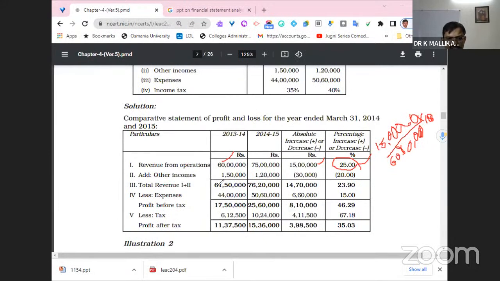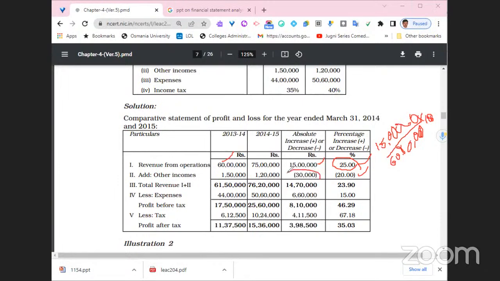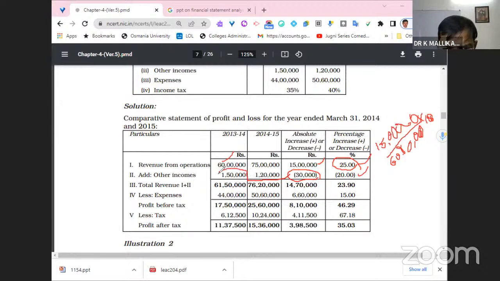What about the next item? See the other incomes. How will this 20% come? It is 30,000 divided by 1,50,000, into 100. Previous year is the base year, right? So it is minus 20%. The total revenue, operating revenue and non-operating revenue, increased by 23.90%.